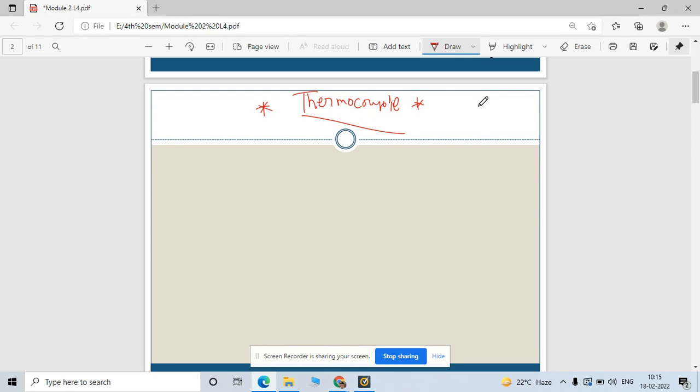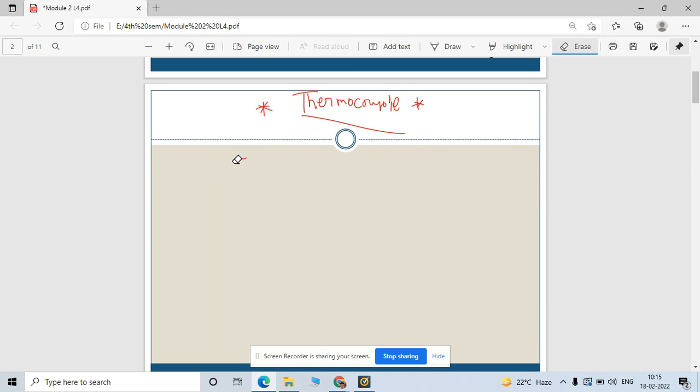So if I talk about the principle of this thermocouple, let's start from the basics.